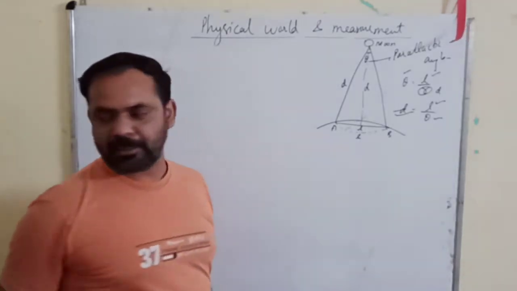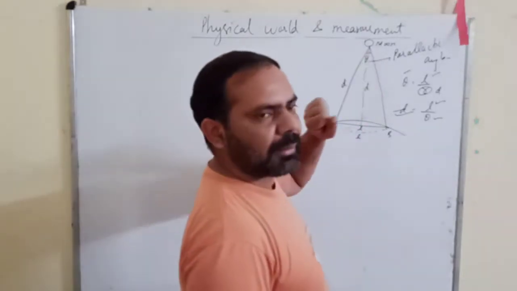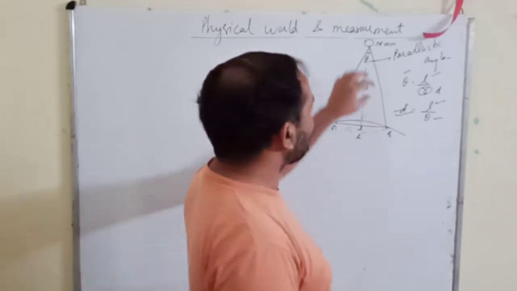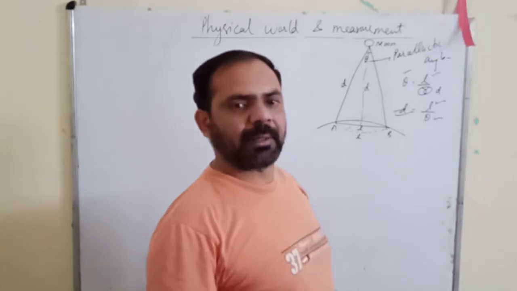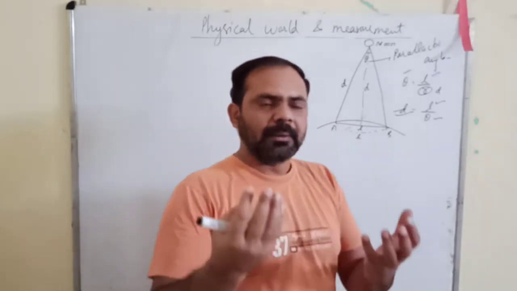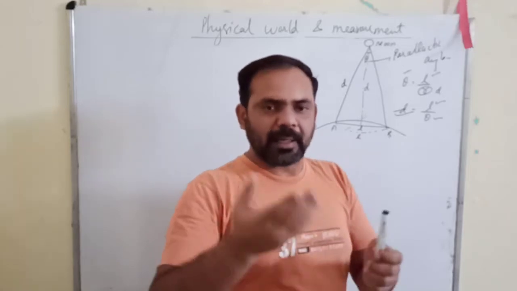Now there are a few limitations of this method. The general limitation is that most of the time this angle is so small that it becomes difficult to get an appropriate value. The magnitude is not sufficiently large as required.